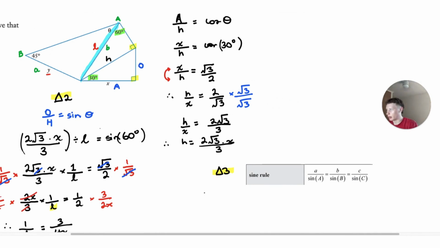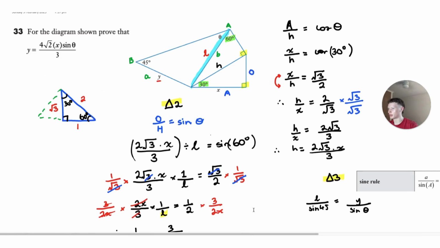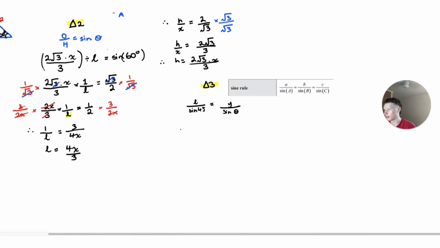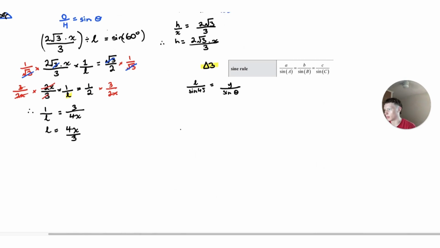So it will be L over sine of 45 equals y over sine of theta. And now we should have enough information to rearrange to get to our actual proof. All right, so doing a little bit of simplification work here.